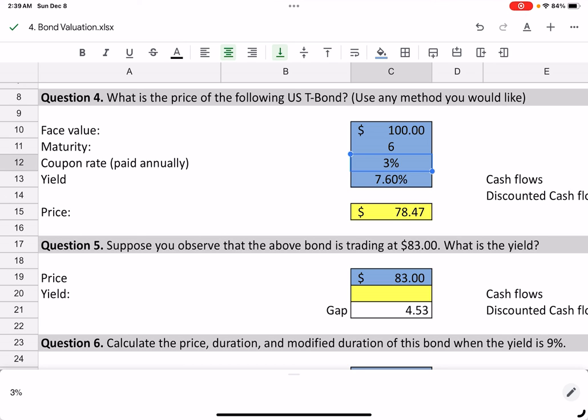So now investors demand that they receive 7.6% when valuing different investments. So that $100 bond is now a $78 bond because of the increased return which investors want. Back then they would have bought this bond at a 3% rate, but now they demand more, and that is why they are willing to pay less for this bond. They are willing to pay only $78 for a $100 bond.